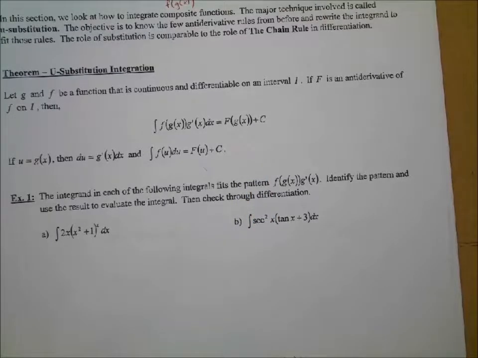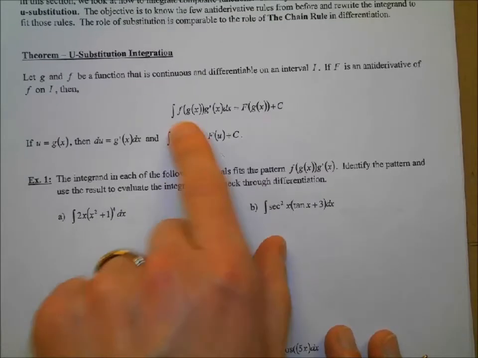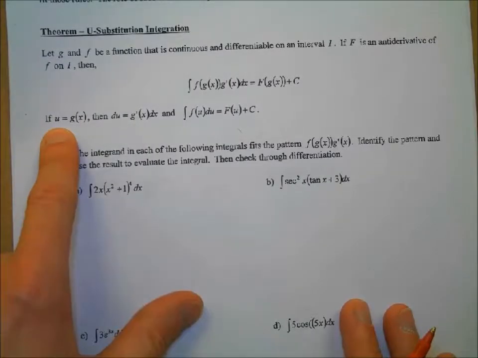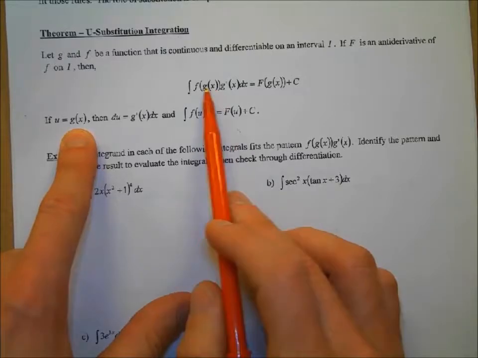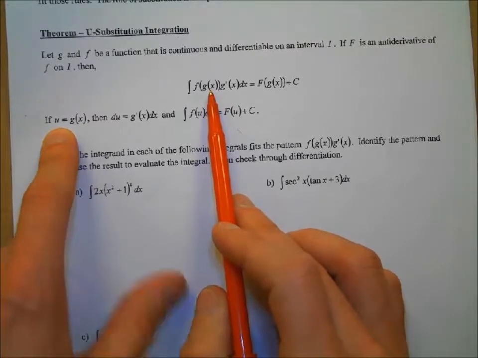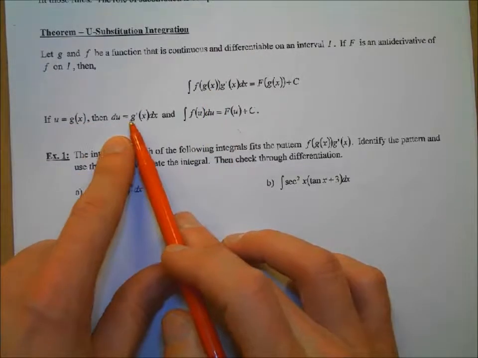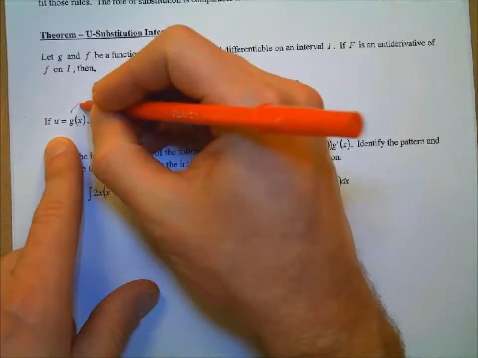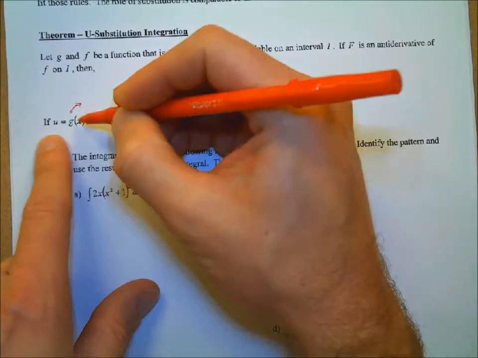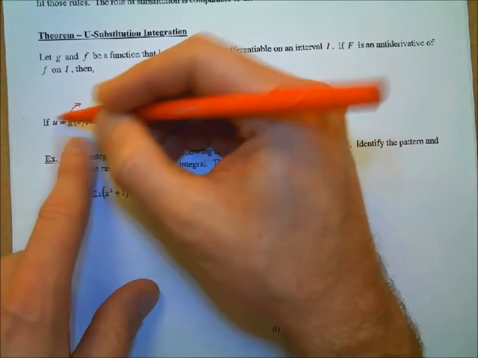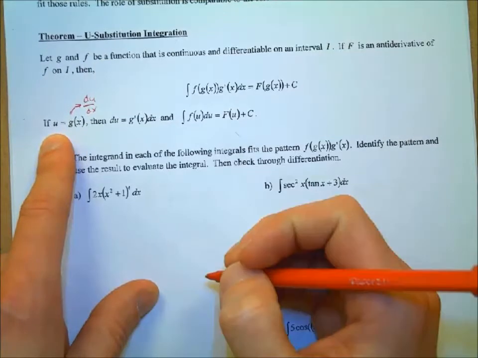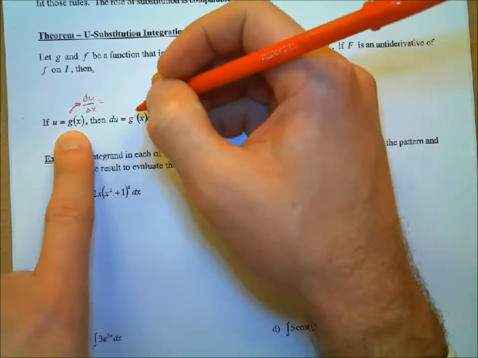Another way to think about this is to clean it up. If we let u be g of x, then the derivative of u is going to be g prime of x dx. Let me do the intermediate step here. If I take the derivative of u with respect to x, that's du over dx, which equals the derivative of g of x with respect to x.